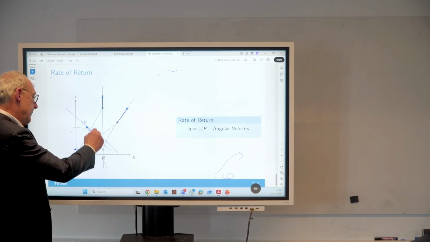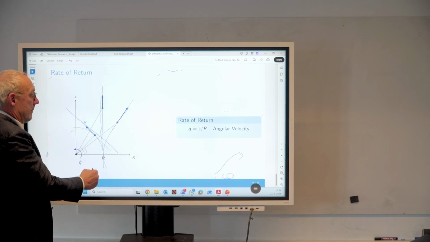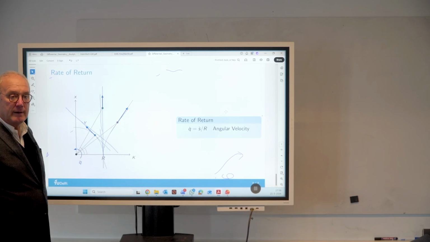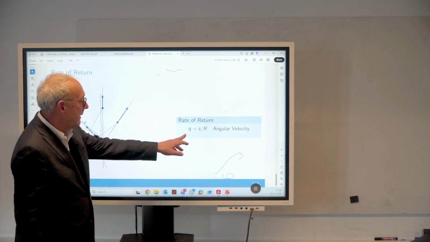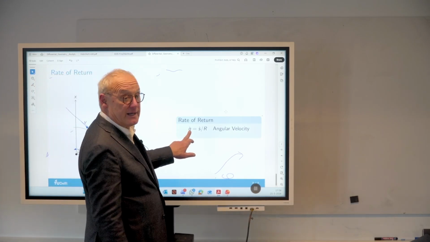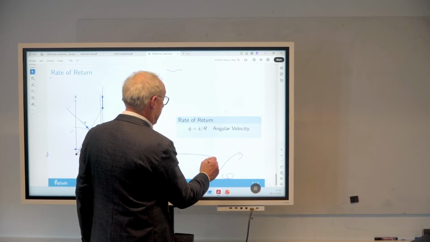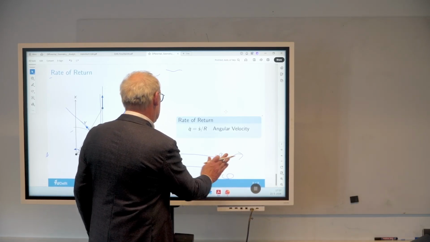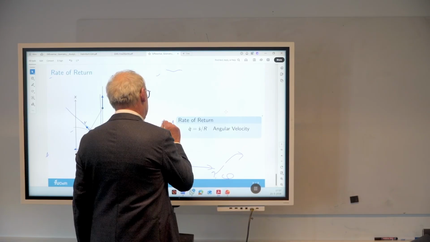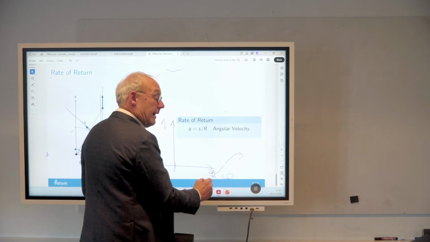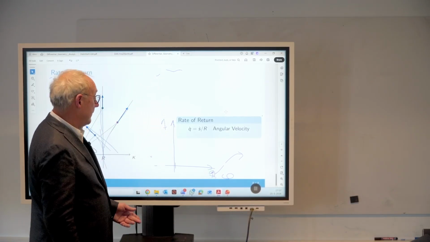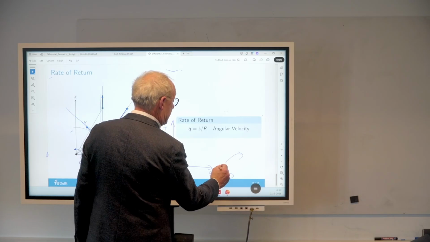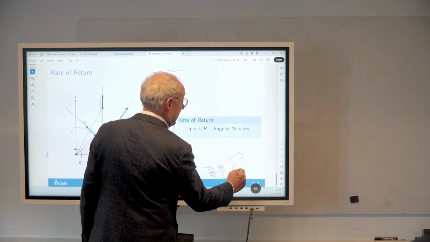Here, same one with this one, same one with that one. And this coordinate is the angular velocity, so you plot it here. So here's the Q, here's Q dot. Here's Q.